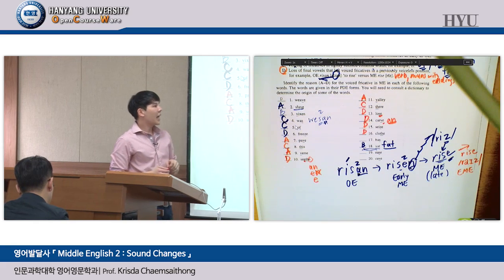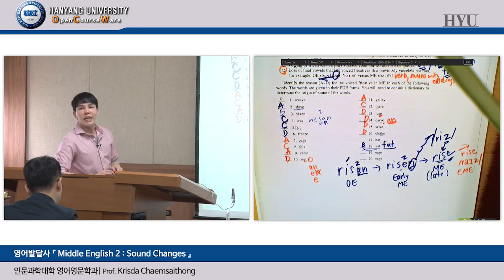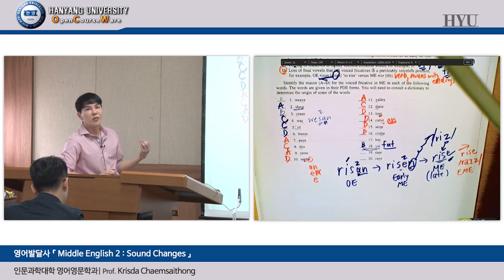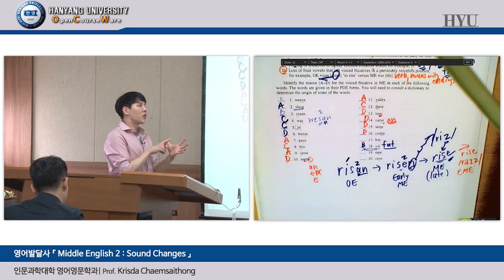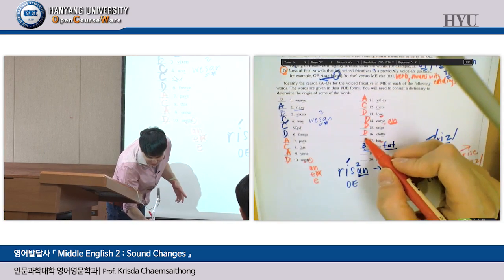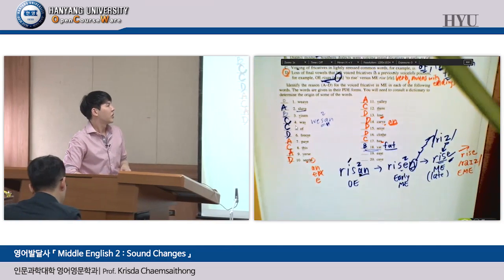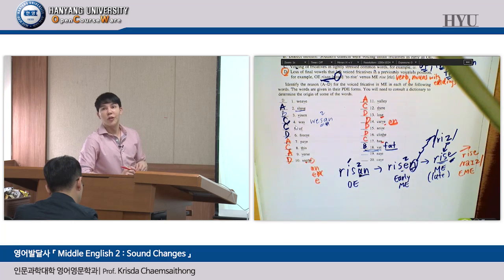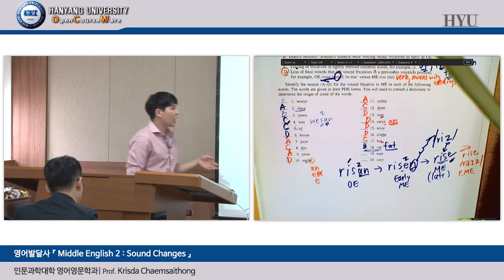Number 17, has. Has is a grammatical word that we already have in Old English. So we didn't borrow that from French, and it's a function word, so C is the correct answer. 18, we already did. Number 19, ease. Ease is a verb, right, to ease your pain, like that.